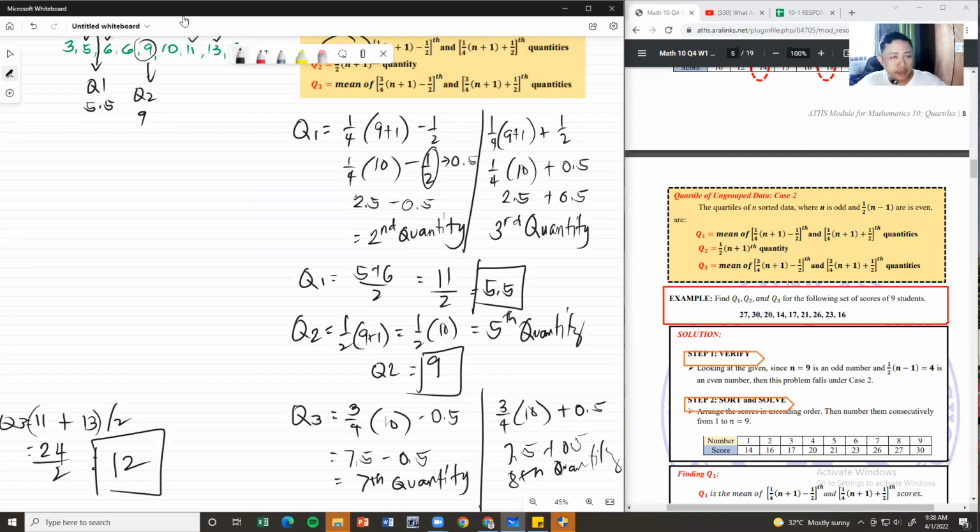So our third quartile is 12, in between the 7th and 8th terms. Got it?